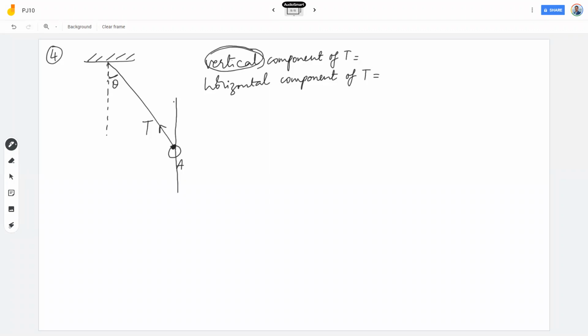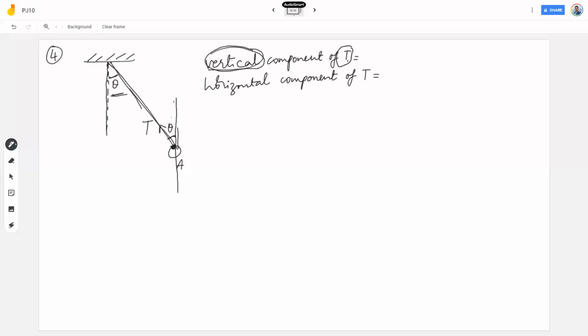Now, to calculate the vertical component of T, I need to know what angle T makes with the vertical. If this angle is theta, then this angle is also theta, because this is vertical, this is also vertical, so they are parallel, and the string is the transversal, and these two angles are interior alternate angles.